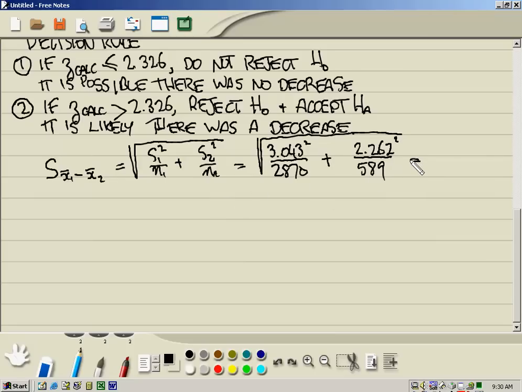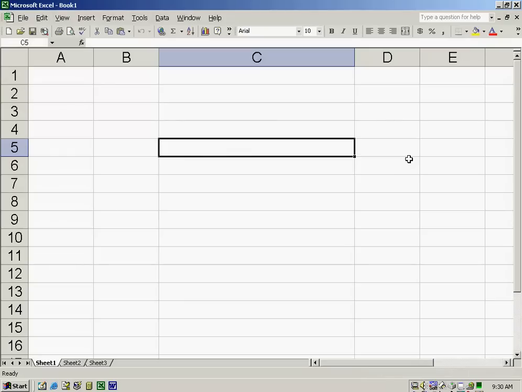Let's go to Excel and work this out now. This equals the square root of, let's put parentheses around the first, 3.043 squared divided by the sample size of 2870.